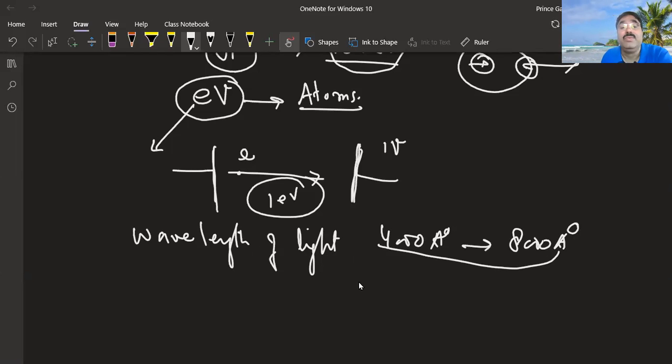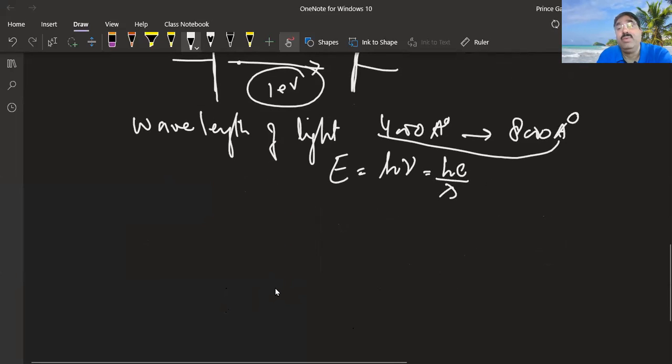So the energy of the photon is h nu, which we can write as hc by lambda. When we use electron volts, it is typically around 1 electron volt, 2 electron volts, 3 electron volts, depending on the color of the light.